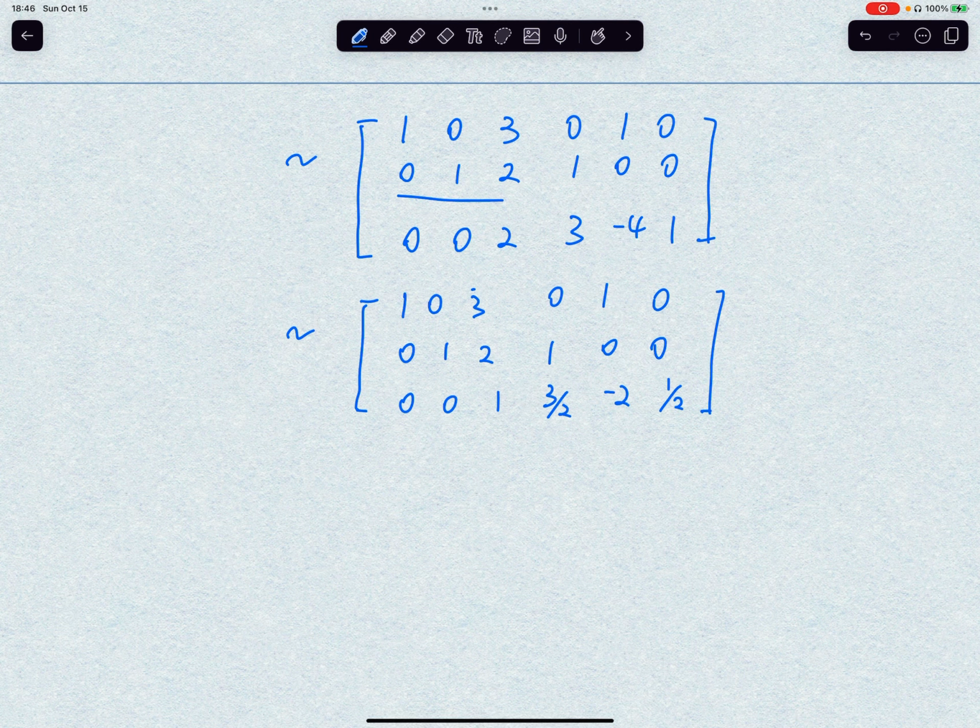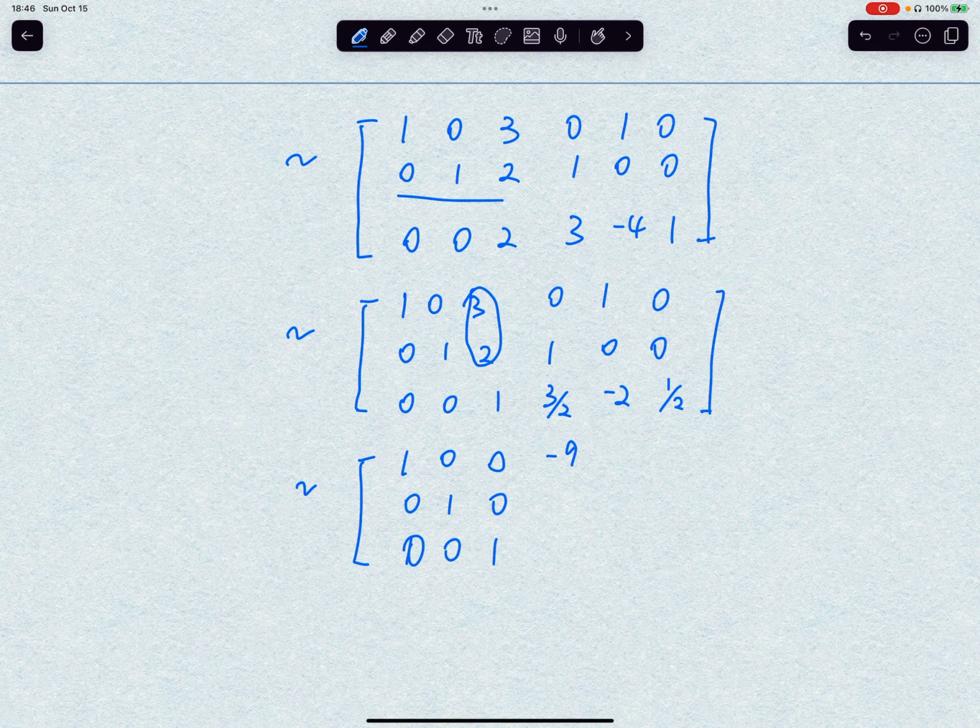And now we can remove these two items by multiplying -2 and -3 to the last row and adding back to each row correspondingly. So we will finally have 1, 0, 0, 0, 1, 0, and 0, 0, 1.